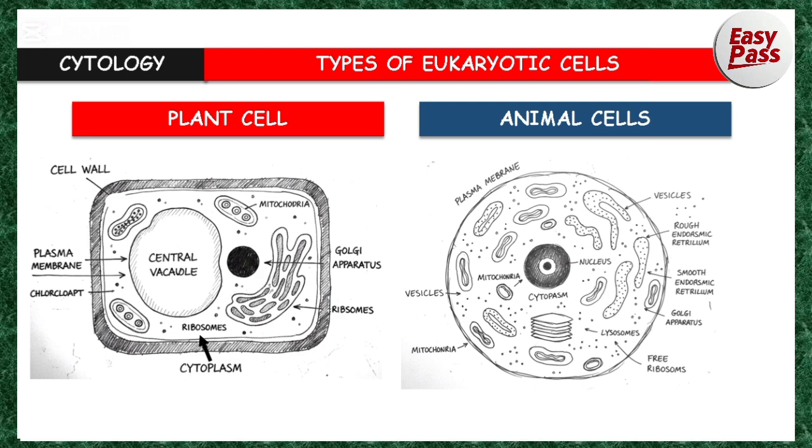The rough endoplasmic reticulum, which is represented with RER, is referred to as rough because it has some ribosomes present on its surface, making it rough. While the smooth endoplasmic reticulum does not have any ribosome on its surface.